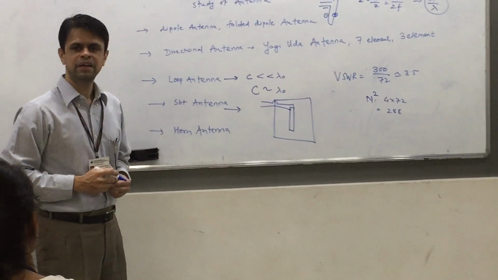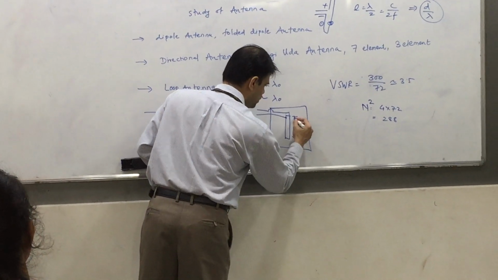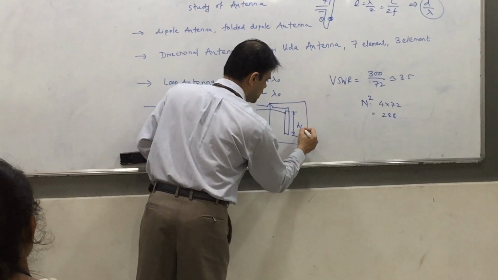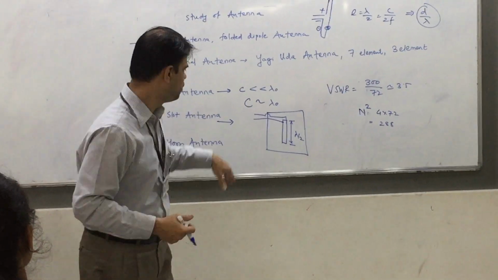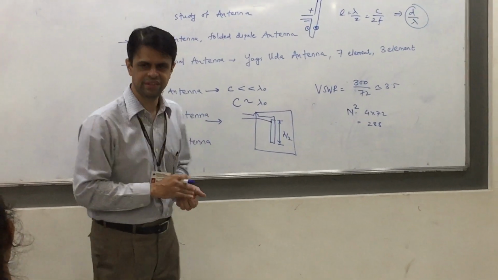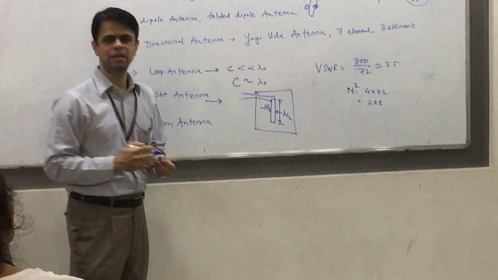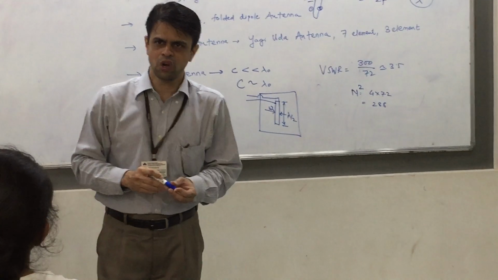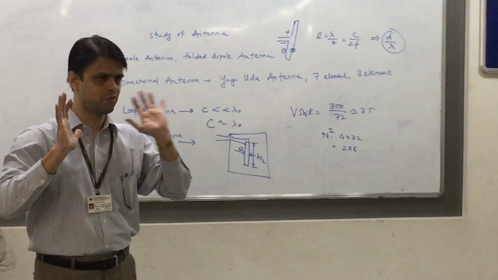Again, similar to your dipole antenna, the length of the slot equals lambda by 2. Antenna impedance and antenna bandwidth will depend on this width. So again, width is an important design parameter here. Slot antenna is basically, as I said earlier, a complementary of the dipole.